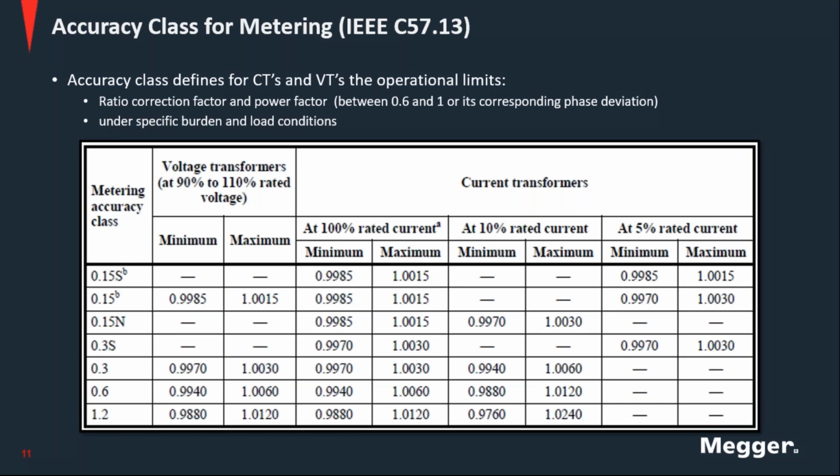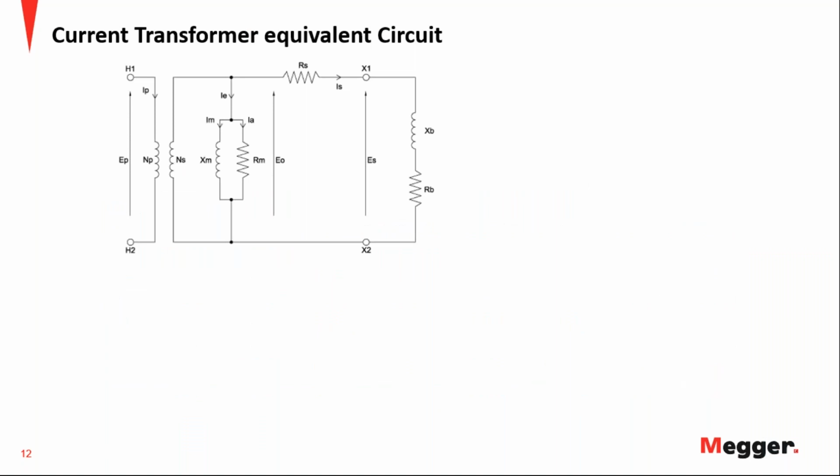To go a little bit more in detail about these accuracy classes and these limits, let's talk about the current transformer equivalent circuit and see where these limits come from. So here we have the equivalent circuit.